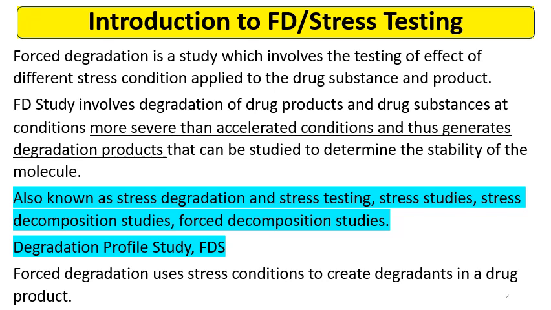Generally, stability studies involve storage conditions like long-term, intermediate, and accelerated conditions, which are 25 degrees Celsius, 30 degrees Celsius, and 40 degrees Celsius at the humidity level of 75% RH. But in force degradation studies, temperatures above 40 degrees Celsius can be used, and the drug substance and products are exposed to that temperature so that the thermal effect can be studied on the intrinsic stability of the drug substance and the formulation.